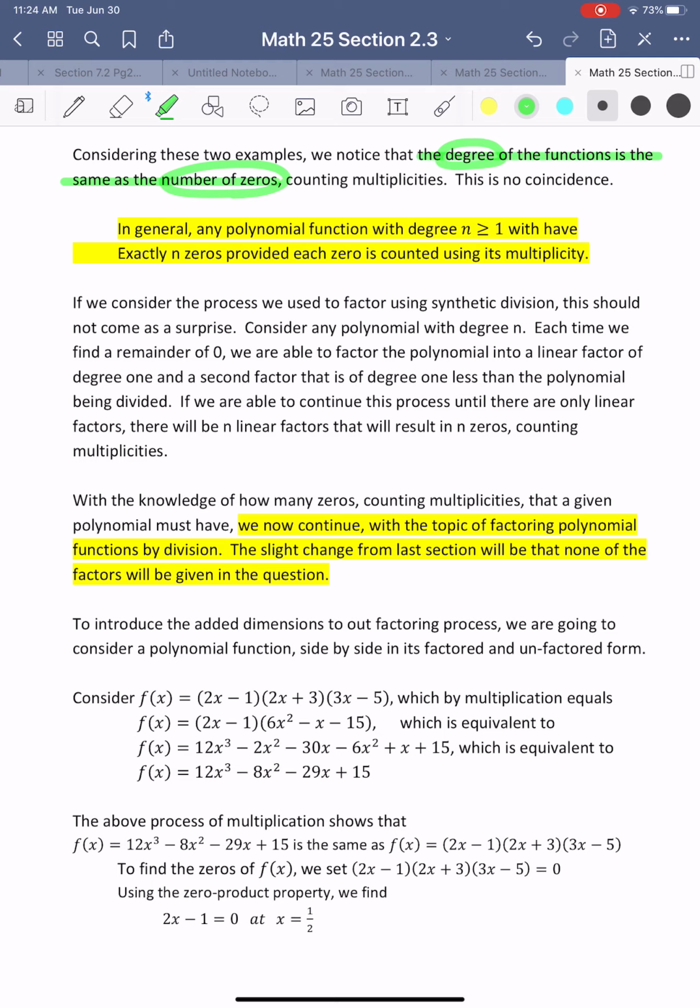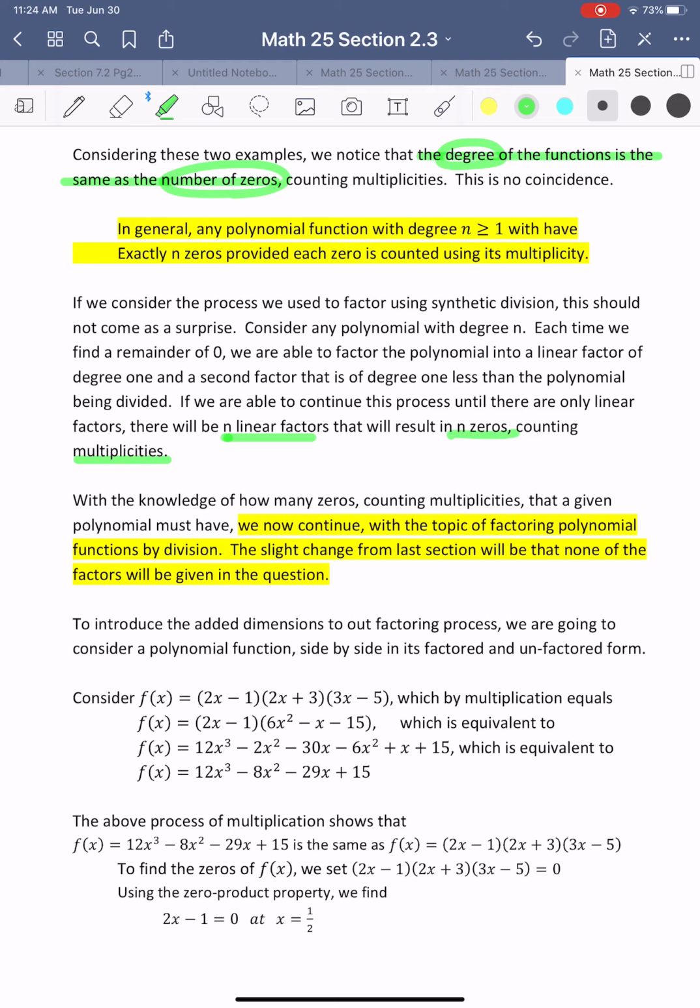If we continue this process until there are only linear factors, there will be n linear factors, resulting in n zeros counting multiplicity. So with the knowledge of how many zeros, counting multiplicities, a given polynomial must have, we now continue with the topic of factoring polynomial functions by division.